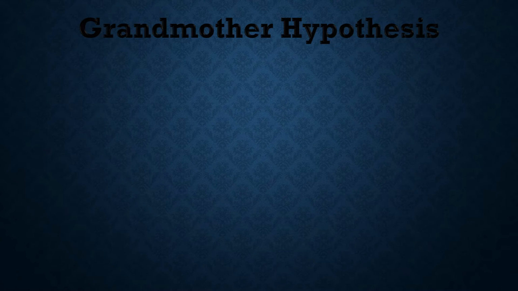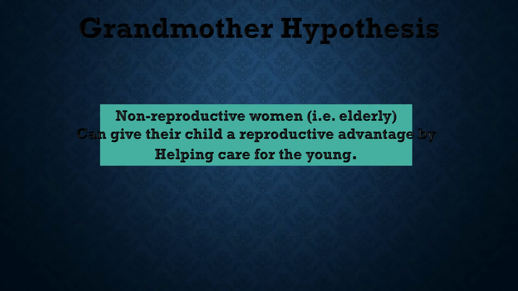We call this the grandmother hypothesis, where non-reproductive or elderly women can give their own child a reproductive advantage by helping care for their grandchildren. By taking the workload off of their daughter or son, their daughter or son is able to produce more for the family. They're also able to get back to having more children more quickly.